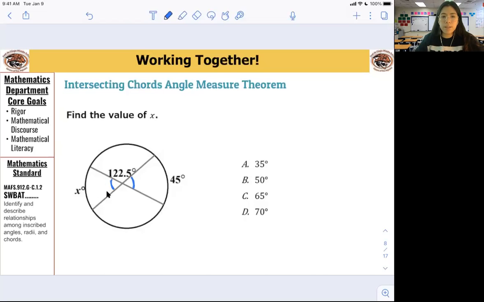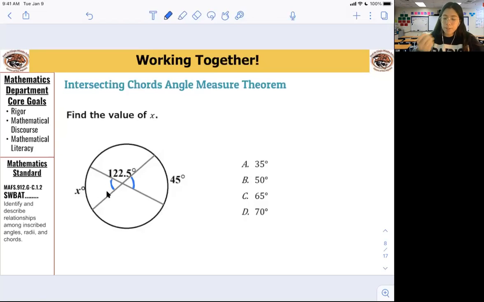If the bigger is 122.5, how much is the smaller ones? The blue angles. Anyone?